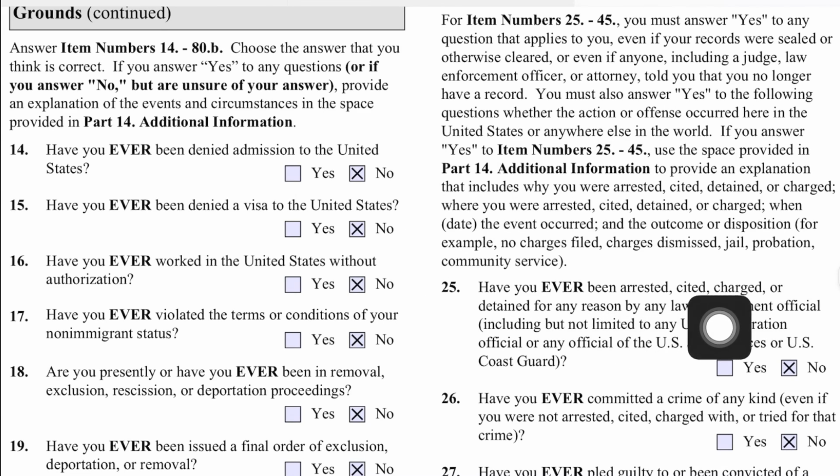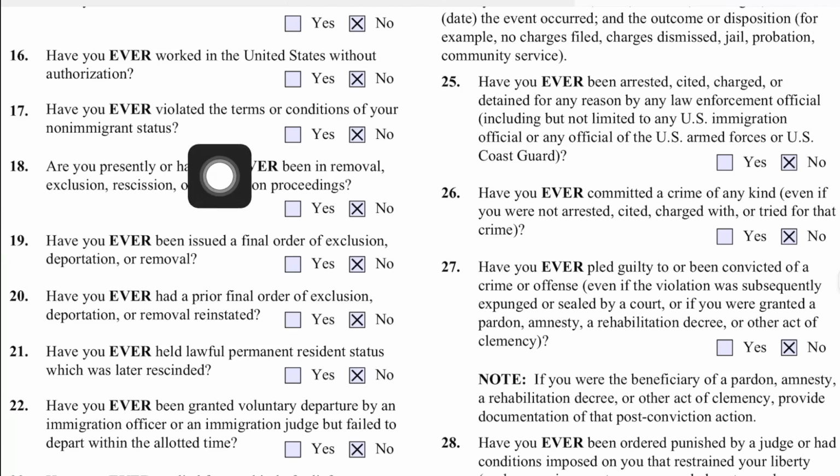Have you ever been arrested or cited, charged, or detained for any reason by any law enforcement official, including but not limited to any U.S. immigration official or any official of the United States Armed Forces or U.S. Coast Guard? Put no. Have you ever committed a crime of any kind, even if you were not arrested, cited, charged with, or tried for that crime?